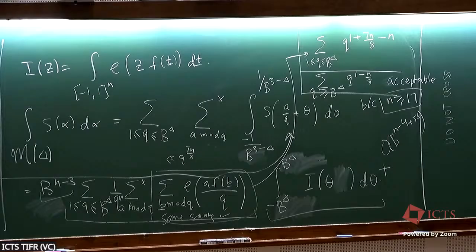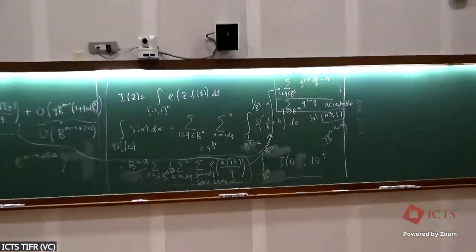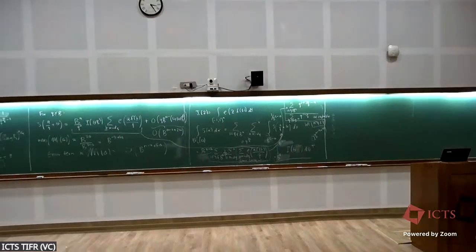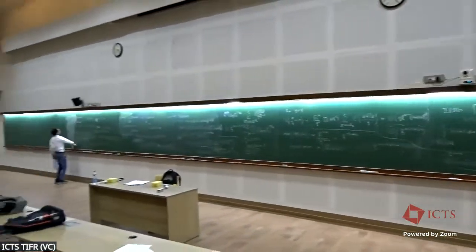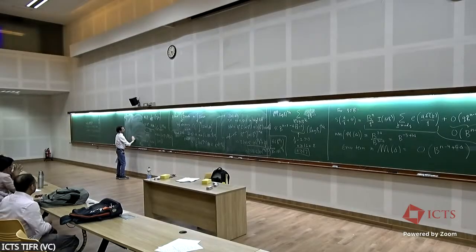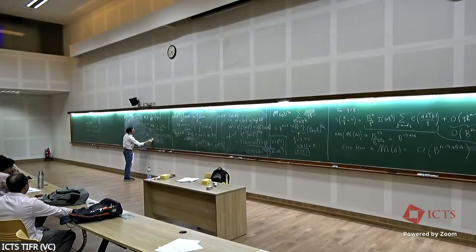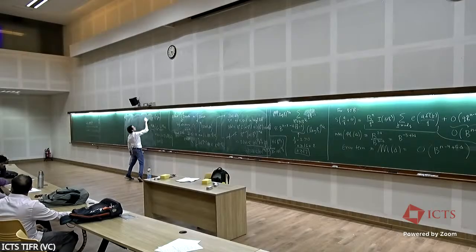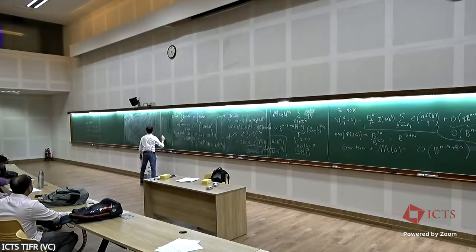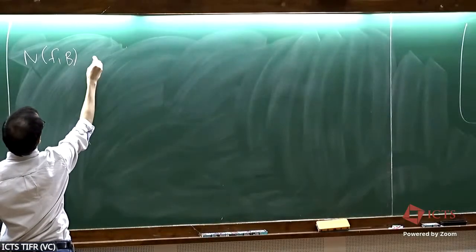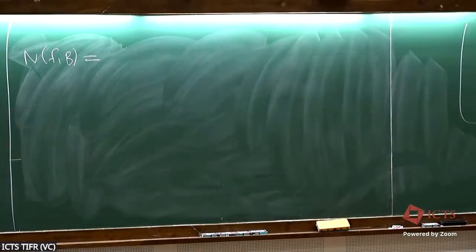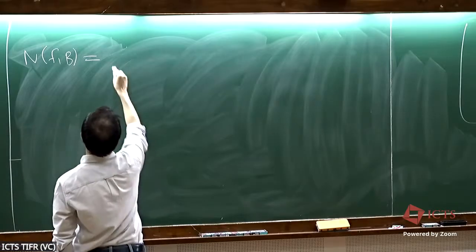So S_Q(F) as there is, and at this point, I don't think I need the Weyl lemma again, so we can erase this. So yes, at this point, what we can do is that N(F, B) is equal to a certain main term. That certain main term is going to be B to the N minus 3. That's the expected size.